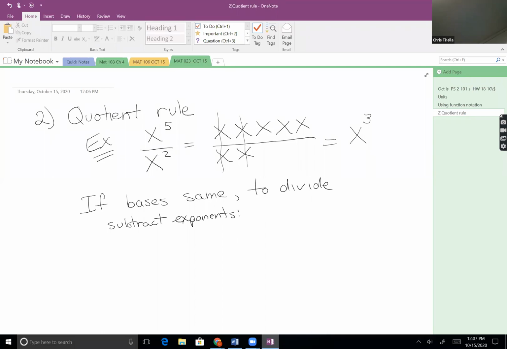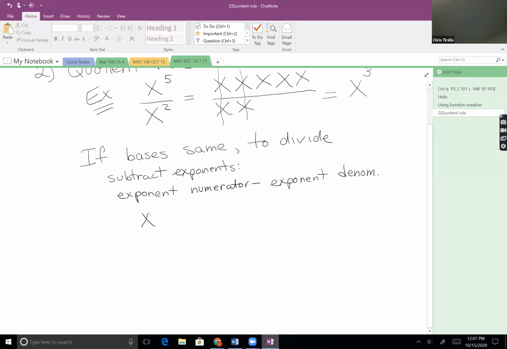And when we do that subtraction, it's the exponent from the numerator minus the exponent of the denominator. And so if I have x to the m over x to the n, it would be x to the numerator exponent m minus denominator exponent n.